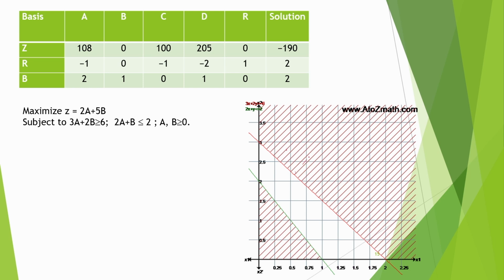It says the feasible zone has to be this side, but the other constraint, 2a plus b smaller than 2, says it has to be this side. So you see that it is not able to satisfy. If you put a point here, it will violate this constraint. If you put a point there, it will violate that constraint. If you put a point in between, it will not satisfy both constraints. So it is naturally infeasible.